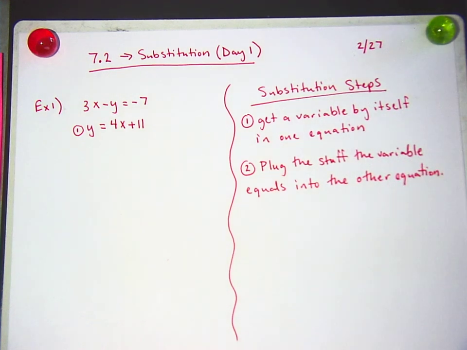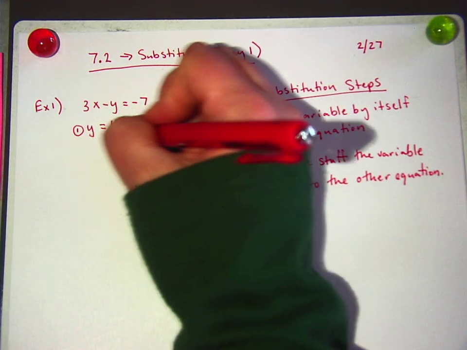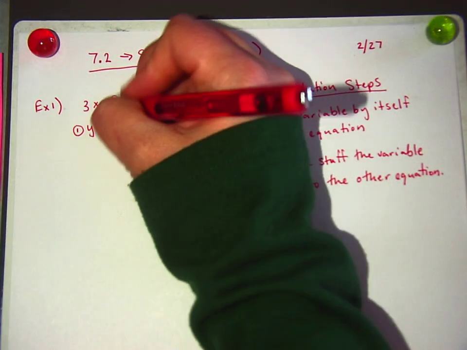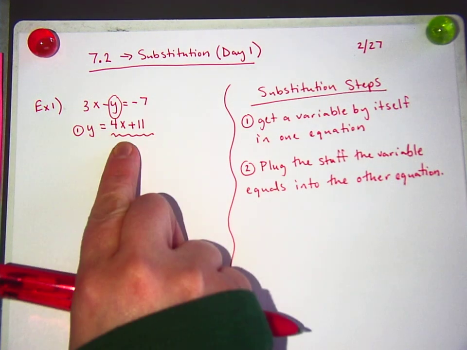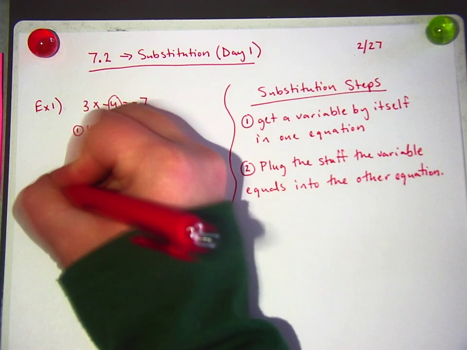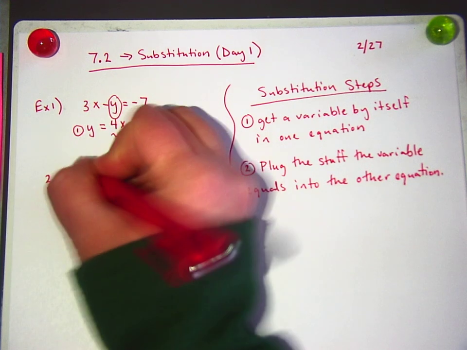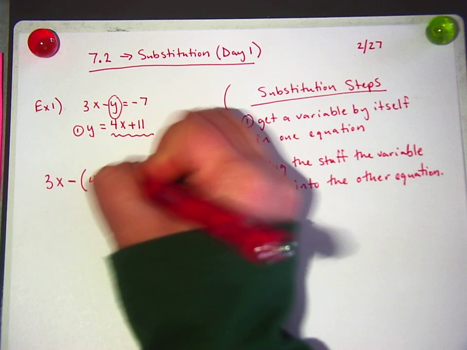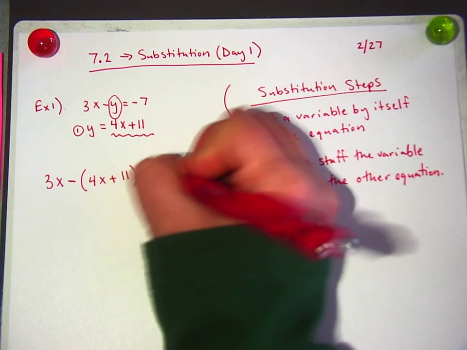This is the substituting part. So if y equals this junk, then I'm going to put that junk in for this y. Because see how it says y equals that? So I'm just going to put that stuff in for y, and then rewrite it. So that's now 3x minus, parentheses, 4x plus 11, parentheses, equals negative 7.